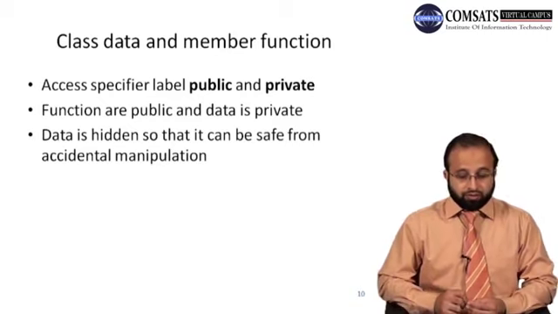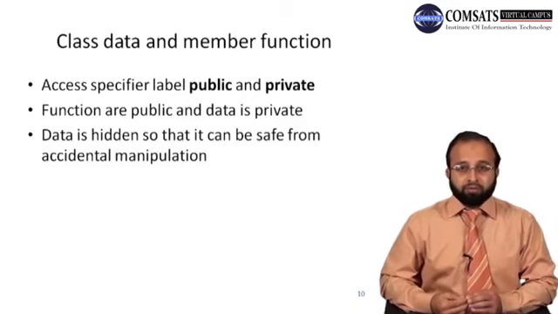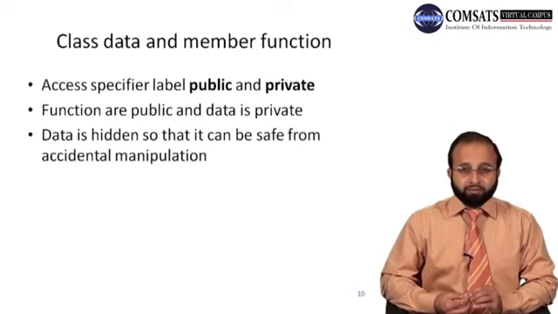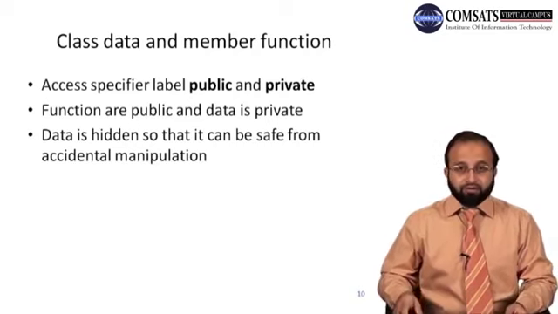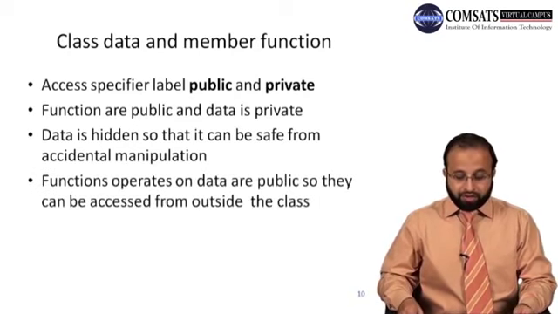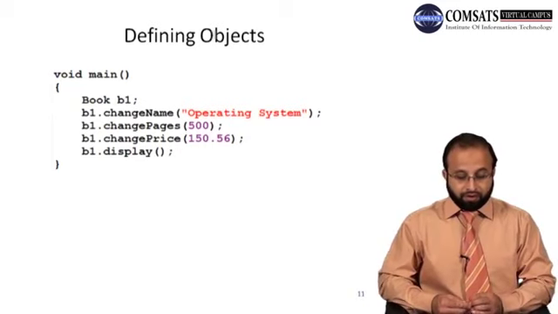So when you assign a value to the private data member of the object, you call the particular function of the class, and within that function you can validate the input. We will see how we can do this. So the functions that operate on data are public, so they can be accessed from outside the class. Defining objects. This is how we can define an object.